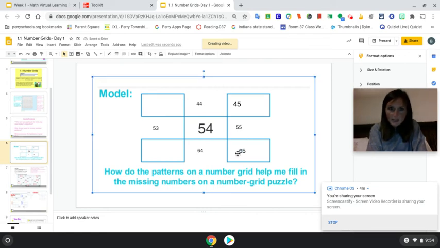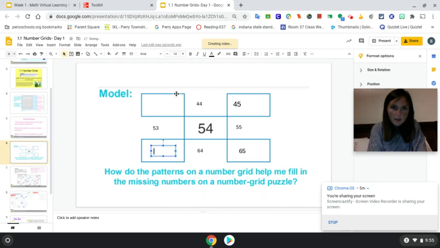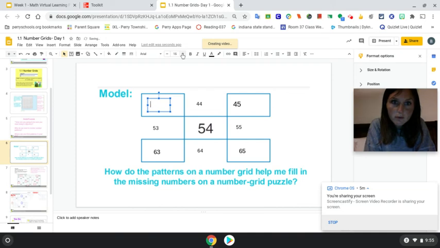Now I can see that this is 64, 65. Well, right before 64 should be 63, because 3, 4, 5. Here's 53, 63, just like this is 44 and 45. I need that to be the same tens place, so I'm going to make this 43.